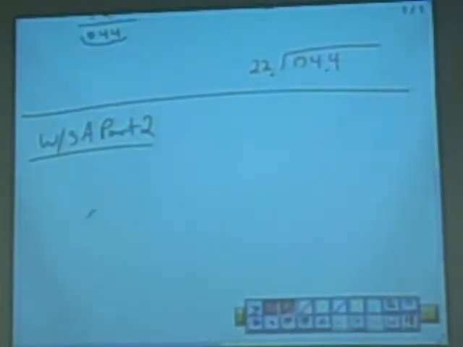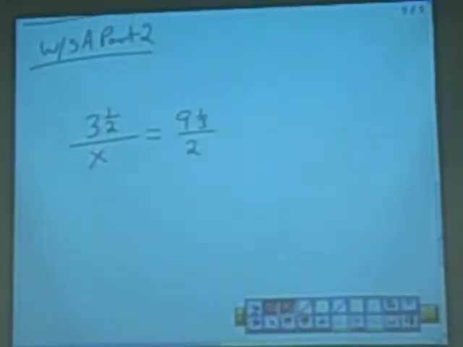So here we have mixed fractions that we're solving with. Here we have 3 1/2 over x, and that equals 9 1/3 over 2. I like to change the mixed fraction to an improper fraction right away.